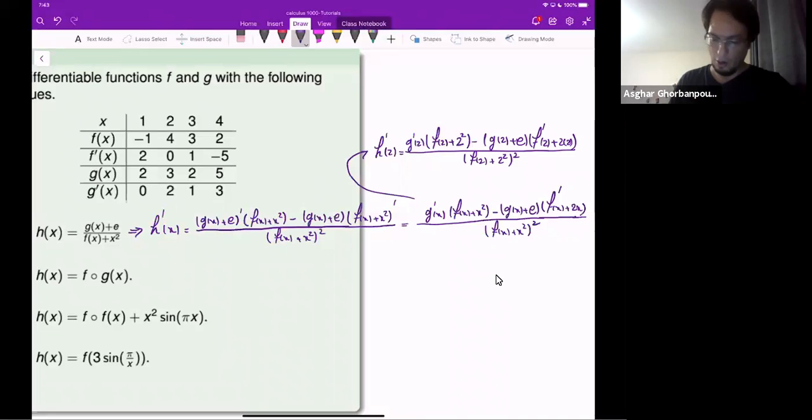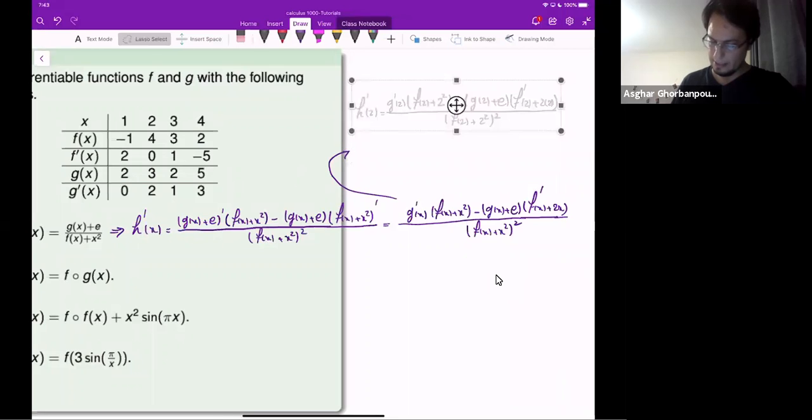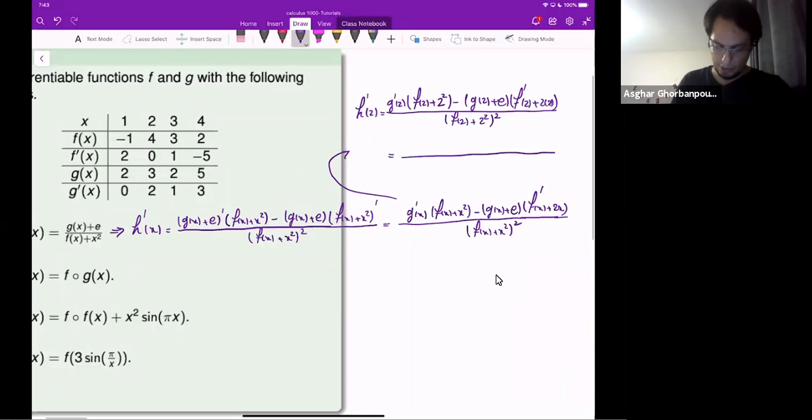Now, take all the numbers you see from there. I'll put it a little bit upper there. And then from there, I can see that this is g prime at 2. G prime at 2 is 2, times f at 2.